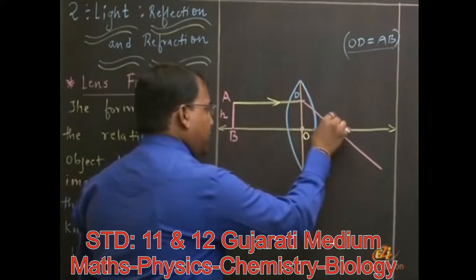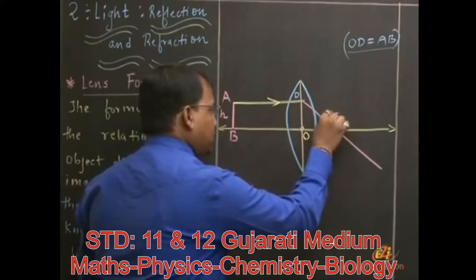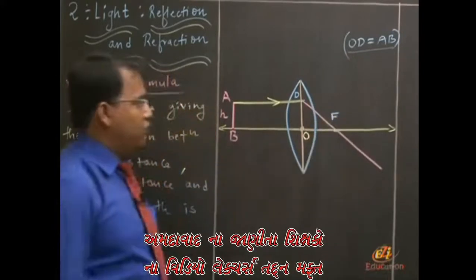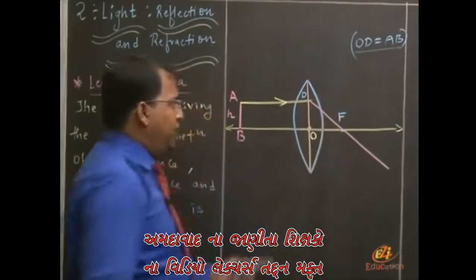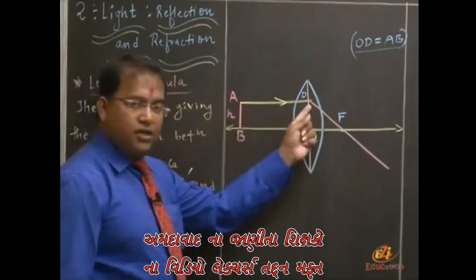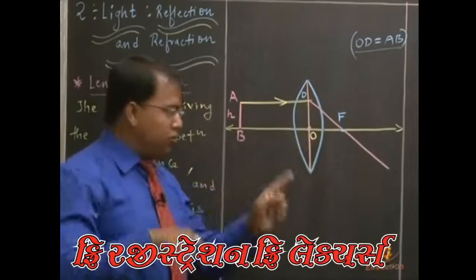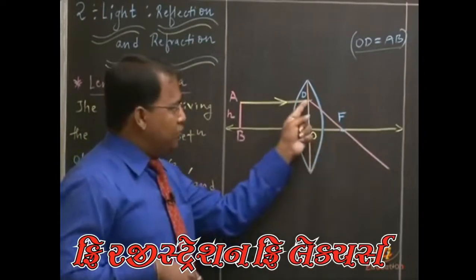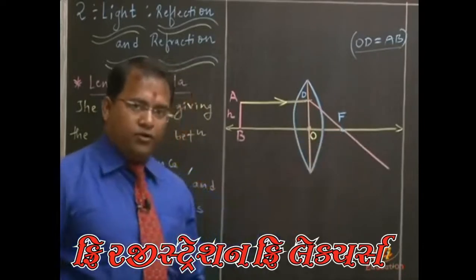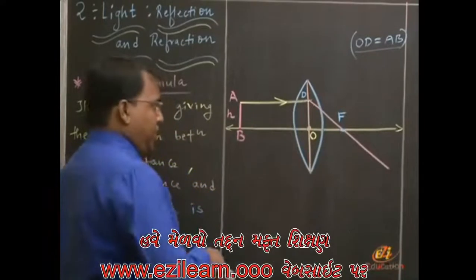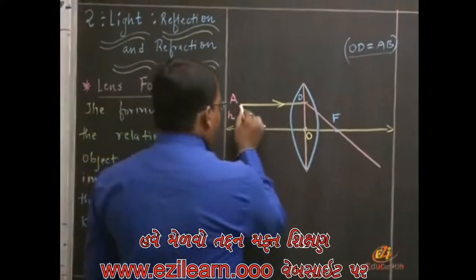This point is known as focus, F. This is a ray parallel to the principal axis, passing through the lens, meeting the principal axis at one point. That one point is known as focus. Let us take, for the sake of study, one other point.